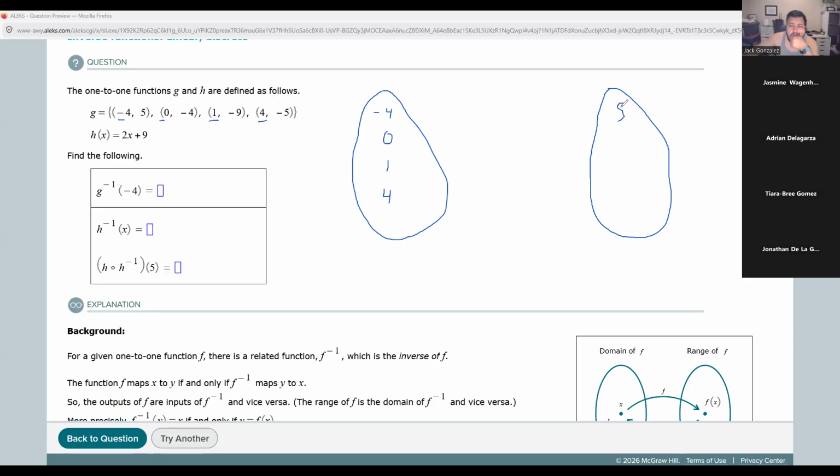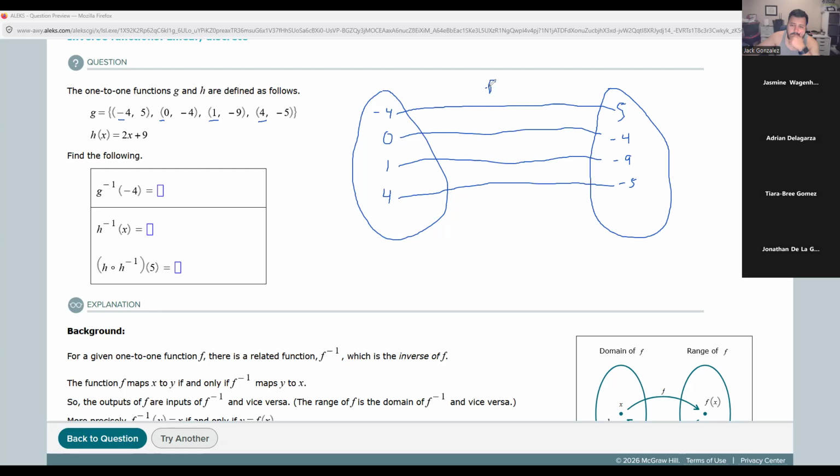So 5, -4, -9, -5. What does F do? F sends -4 to 5, 0 to -4, 1 to -9, 4 to -5. So that's what F does.